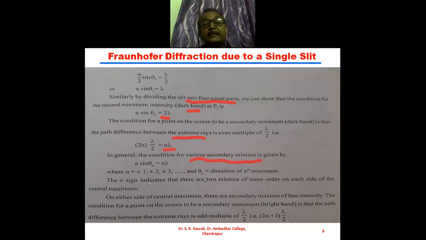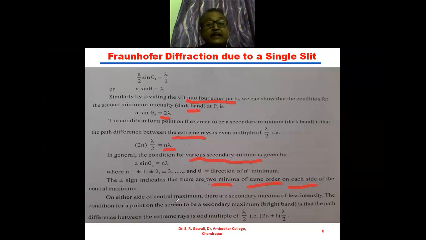The plus minus sign indicates that there are 2 minima of the same order on each side of the central maximum: first order on one side, and first order on the other side of the point F. I will explain this on the graph.